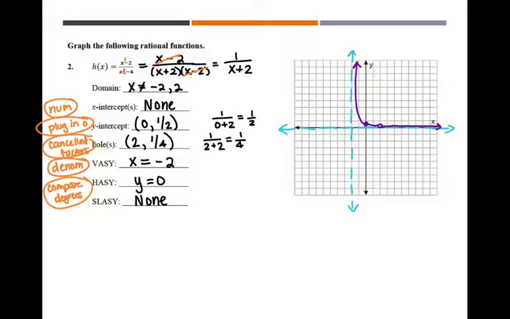So that means I'm going to have another curve on the bottom left-hand side of my graph. And what ends up happening is at these vertical asymptotes, typically your graphs will go in opposite directions. So since I am increasing towards the vertical asymptote on the right-hand side, that means I will be decreasing towards the vertical asymptote on the left-hand side. So I can draw that piece, and it's still going to taper over towards the horizontal asymptote in that direction. And there is the graph for number 2.